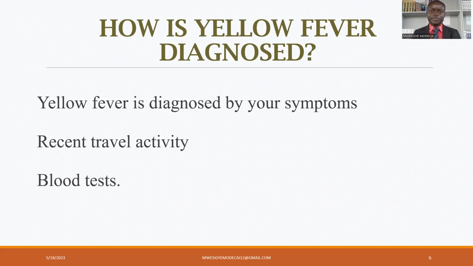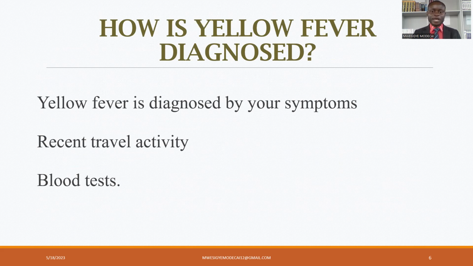How is yellow fever diagnosed, as our next objective? For one to diagnose yellow fever, we shall base on the signs and symptoms, which we are yet to see, and there should be a history of recent travel to some endemic area, where we know that people have yellow fever. We can also do blood tests.